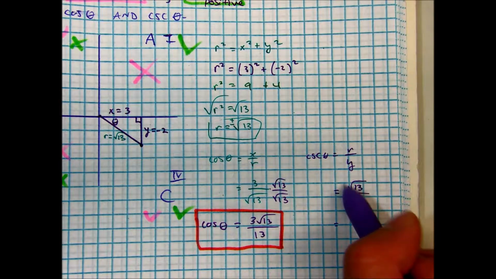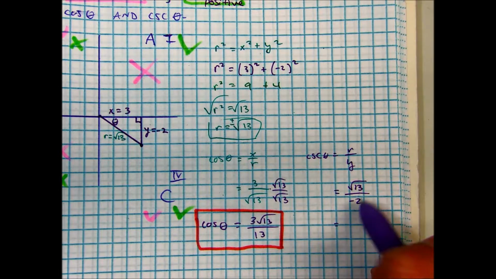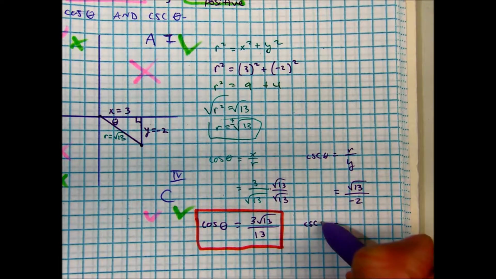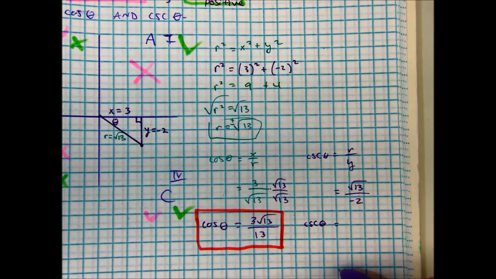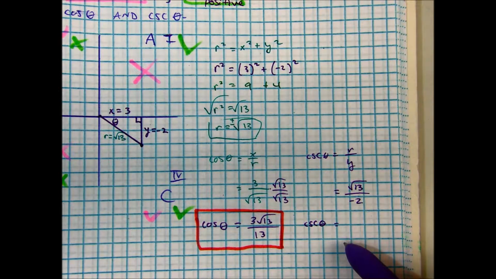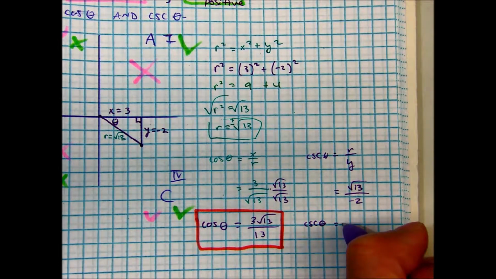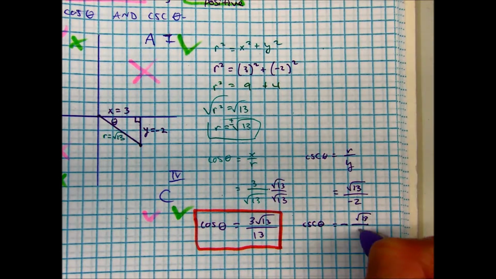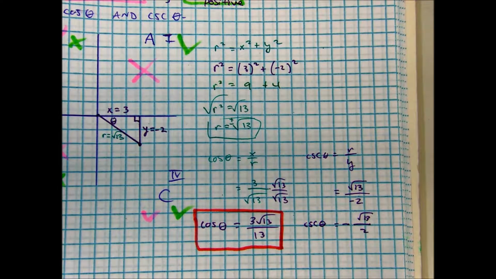So you have a positive divided by a negative. What's a positive divided by a negative? Correct. So we write the negative sign in line with the fraction line. So our answer is negative radical 3 over 2.